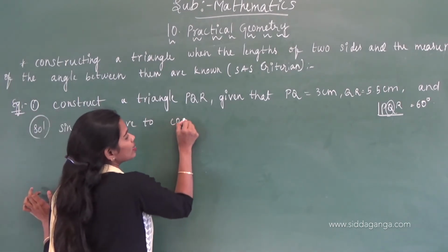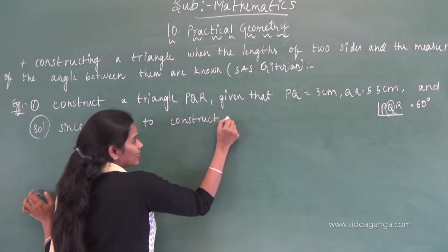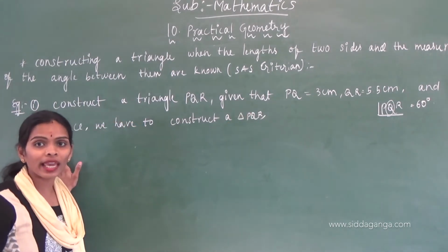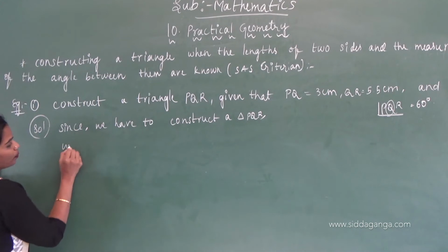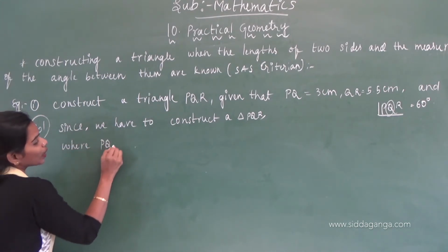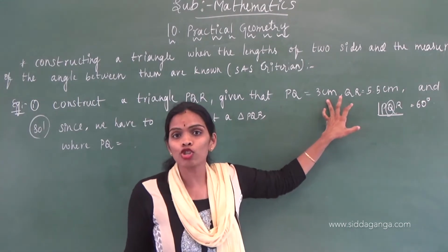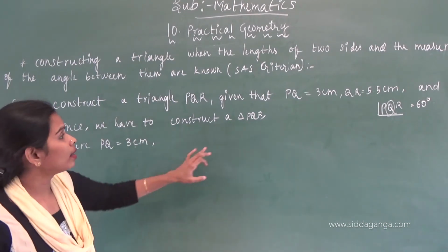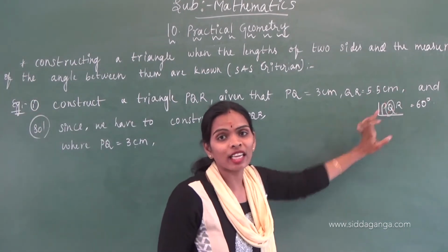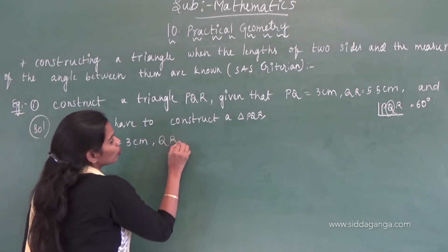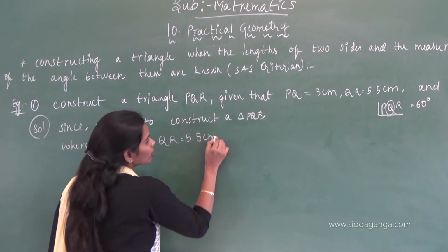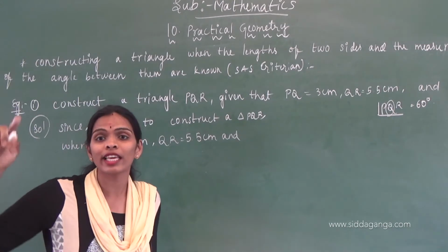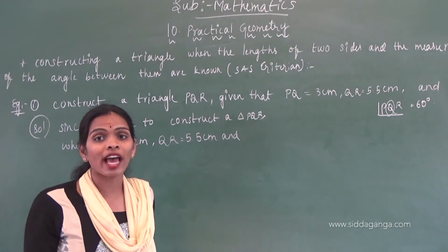We have to construct a triangle PQR where PQ equals 3 centimeters, QR equals 5.5 centimeters, and the included angle of PQ and QR is angle Q, whose measurement is also given in the question itself.